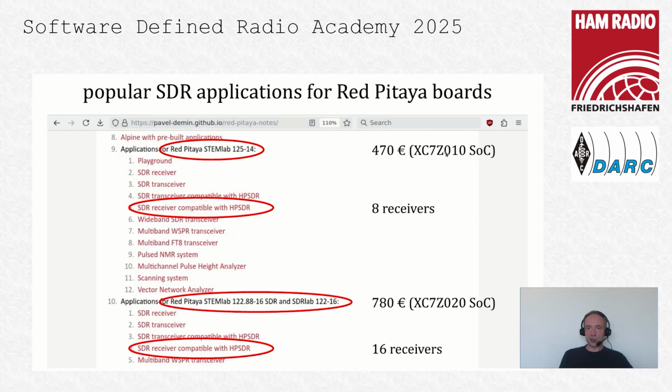This original board has a smaller FPGA and currently costs around 470 euros. And for the more advanced model, which is Red Pitaya SDR Lab, which has a bigger FPGA and costs also more, around 780 euros, thanks to the bigger FPGA, this application provides 16 receivers. So the most popular applications for this kind of hardware apparently are the multi-channel receivers with as many receivers as I could fit in the available FPGA resources.